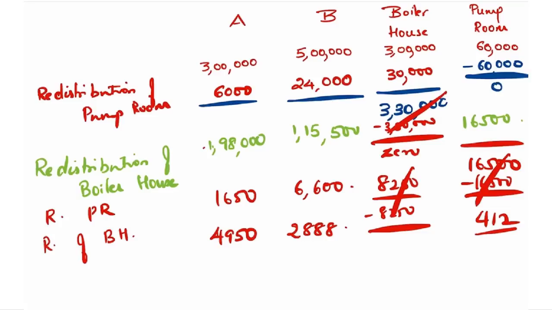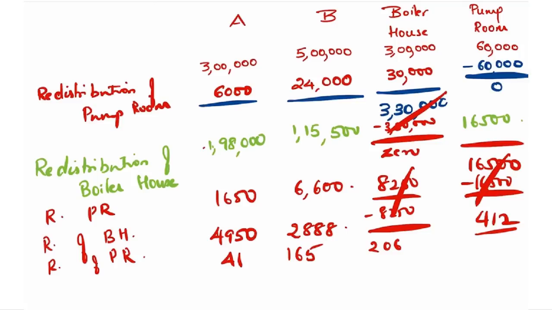Then you have a 50%, that will be 412 into 0.5, which is 206. So this became 0. So now the last 206 what is there, I'll just divide it between A and B in the boiler room ratio of 60:35, so that I don't have to continue further.